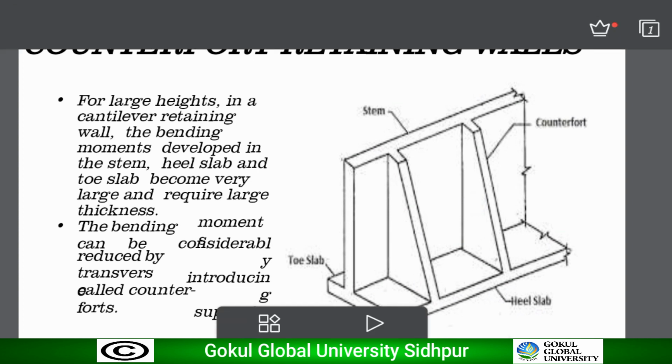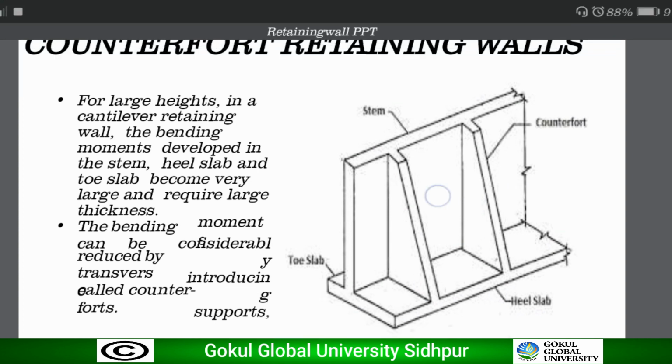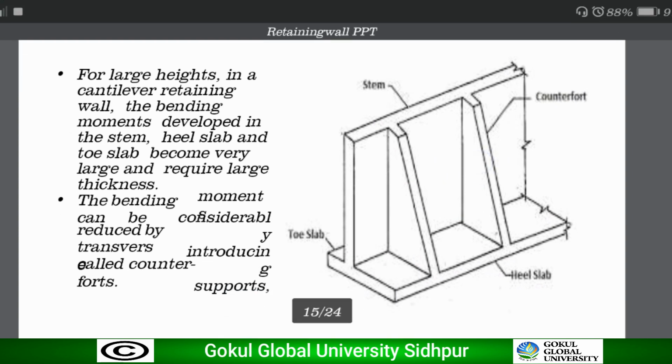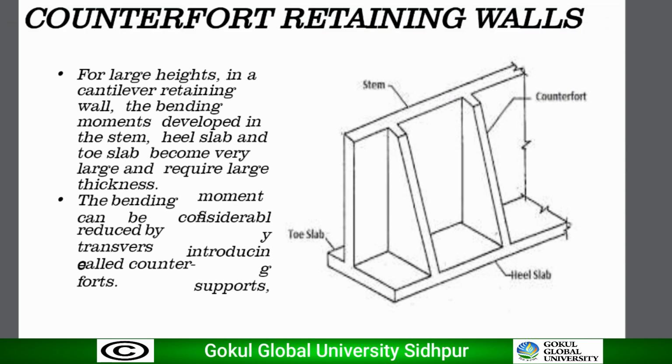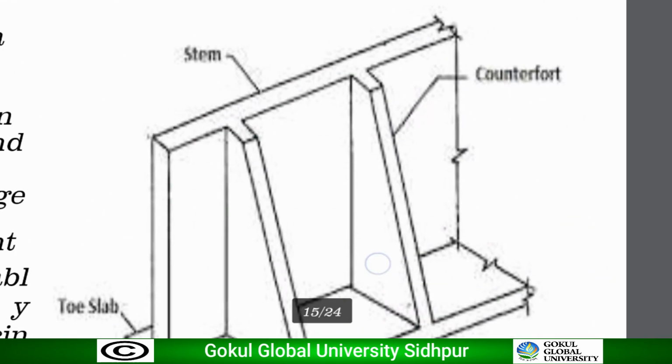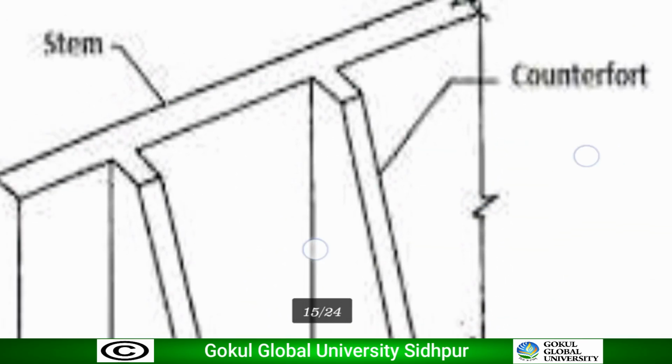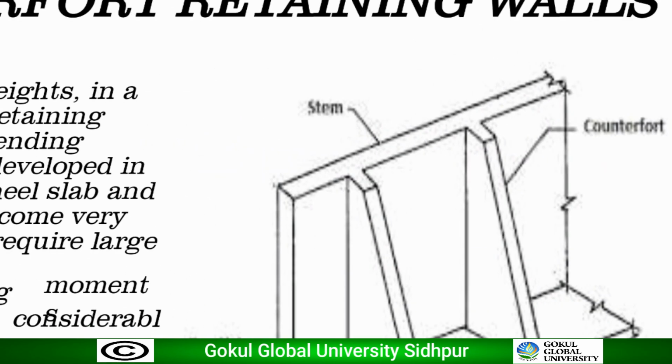Now we are discussing the counterfort retaining wall. In the counterfort retaining wall, the stem and the base slab are tied together by counterforts at suitable intervals. These are the counterforts, we can see in the figure.